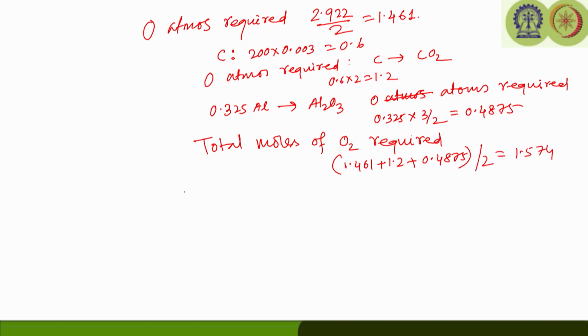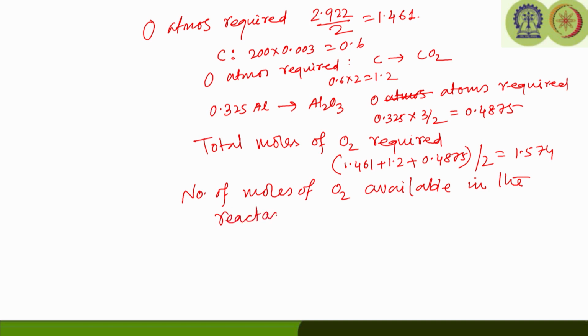Now, you see the number of moles of O2 available in the reactants, because that will determine whether it is fuel rich or oxidizer rich. You can get what is the availability of oxygen molecule. It was like 0.003 plus 2 into 0.672, which is coming as about 1.347. So, this is the available and the required is this one.